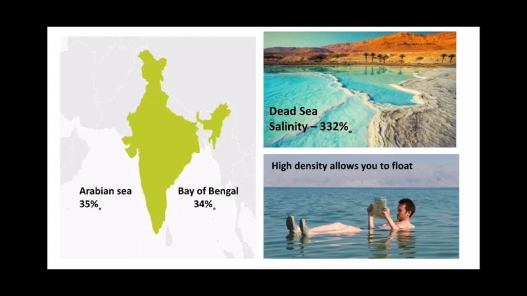Now children, have you heard about the Dead Sea? The name of the sea itself gives an idea of the condition there. Dead Sea. That means nothing is alive in that sea. The sea, lying on the border of Israel and Jordan, has a salinity of 332 parts per thousand.